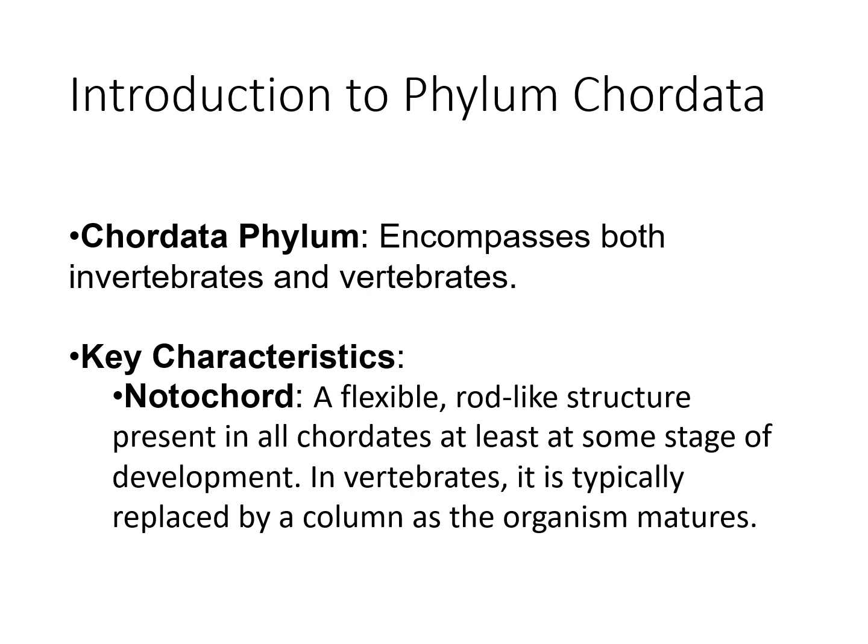This is a flexible, rod-like structure that provides crucial skeletal support along the back of the organism. In many chordates, particularly in all vertebrates, this notochord is typically replaced by a more complex vertebral column as the organism matures, forming the backbone we're familiar with.